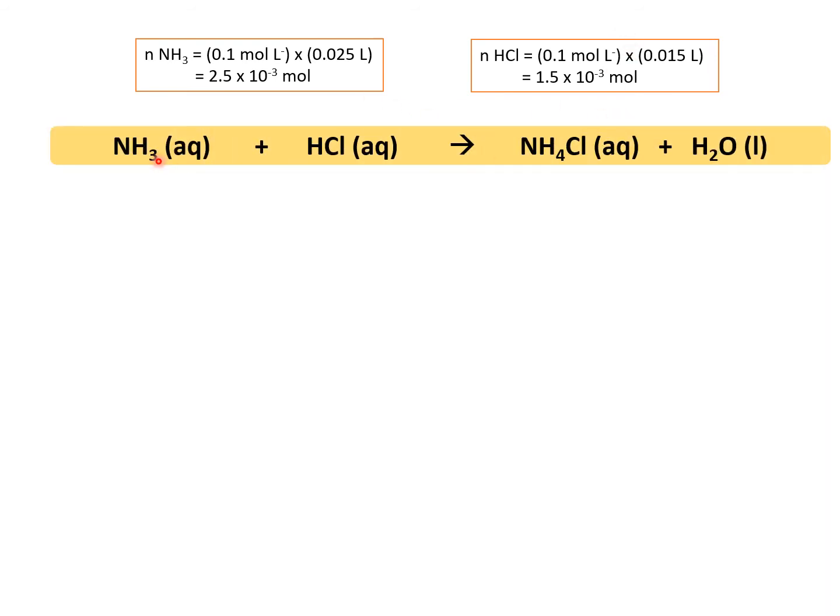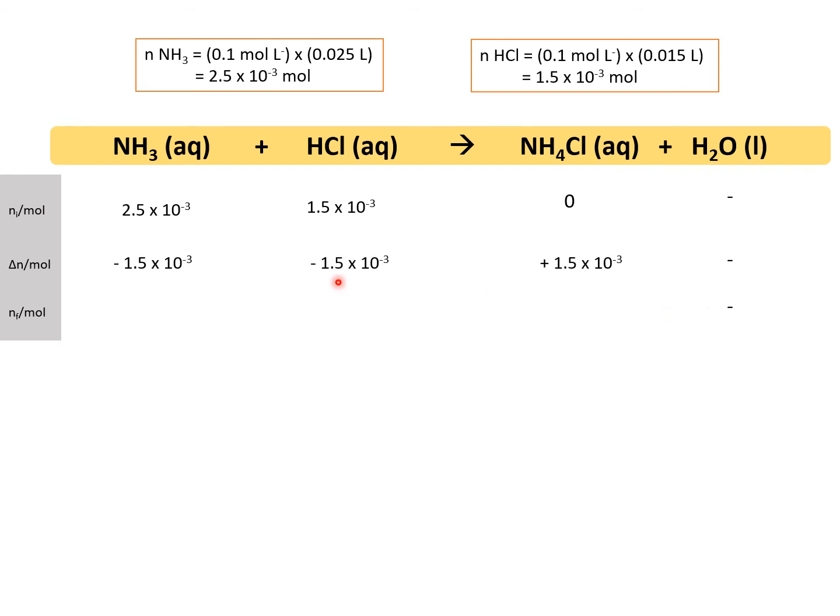So, equation NH3 plus HCl to produce salt, NH4Cl and water. Okay, table: initial, change, final. Because it's a reaction of acid and base, so dia akan come to completion. Okay. So, masukkan nilai kita tadi. H2O kita abaikan. Okay, so this is the value initial. 1, 2, 3. Okay, and then change.